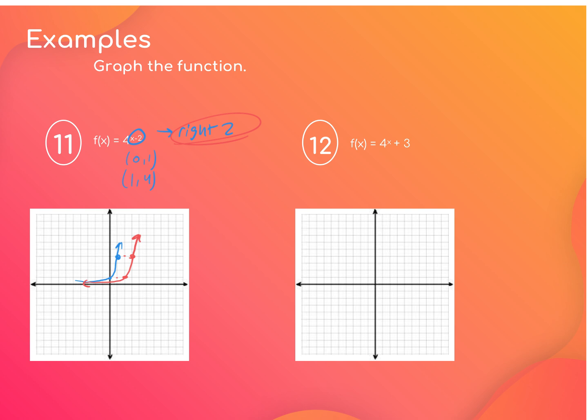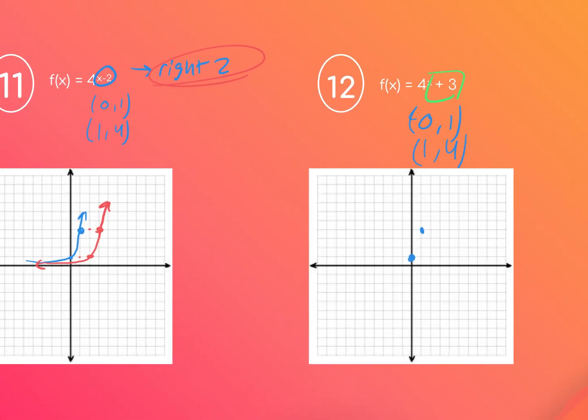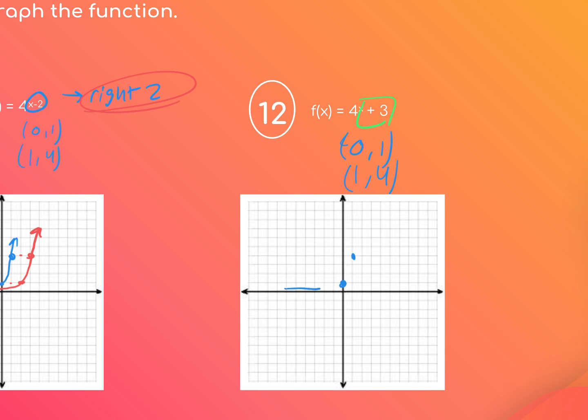All right. We can try the same thing with number 12. We have 4 to the x plus 3, and our plus 3 is now on the outside of our function. I know 4 to the x, we're going to start with 0, 1 and 1, b, in this case 1, 4. So we're going to start here and here. So our original function is going to look something like that. But this plus 3 on the outside, it's not in the exponent, so that means it is a vertical shift.